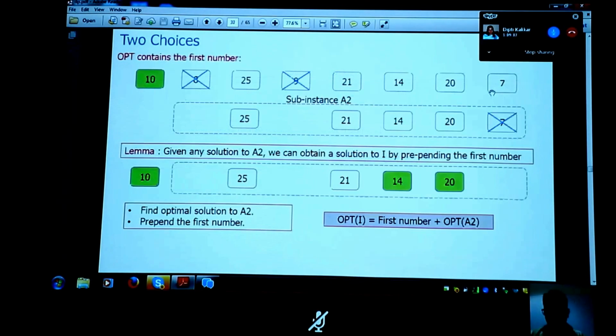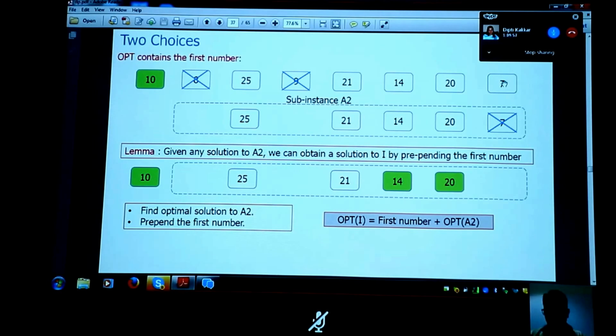But 10 may be in the opt, so you need to consider that possibility. So if 10 is there in the opt, then once you pick 10, that's what it means, right? You have picked 10, which means that a lot of people will die because of that. He'll go and kill the 8, he'll kill the 9, okay, I missed it, he'll kill the 7 also, okay?